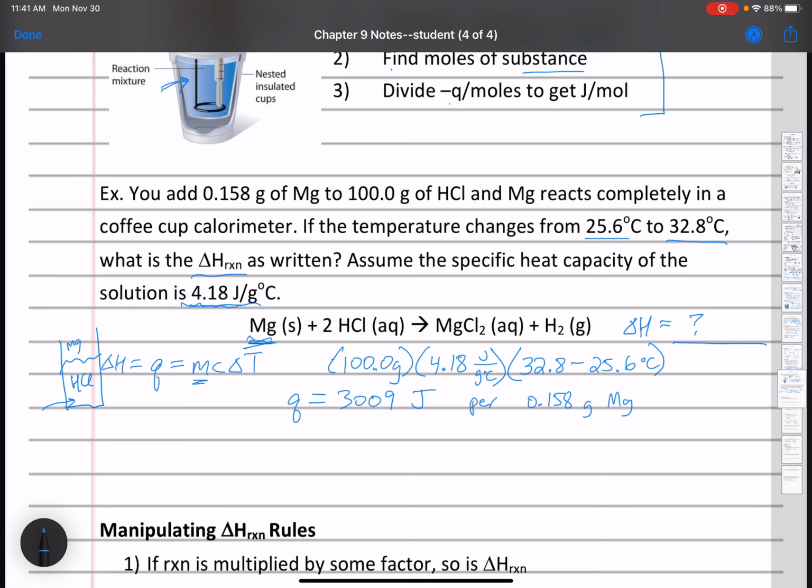So I can do that by figuring out how many moles of magnesium we have. This was step 1, we found the heat. Step 2 is to find the moles of magnesium, 0.158 grams, divided by the molar mass of magnesium, which we just get off the periodic table.